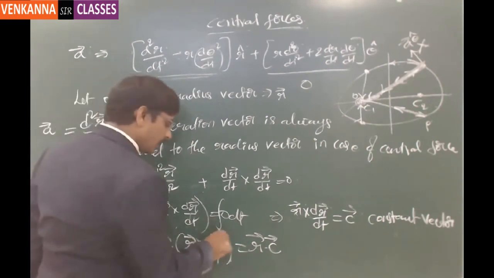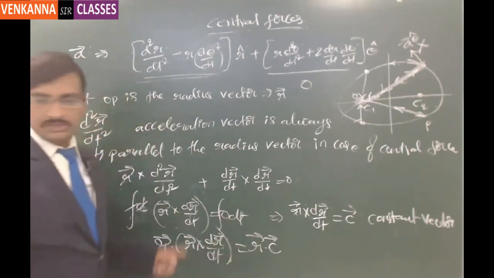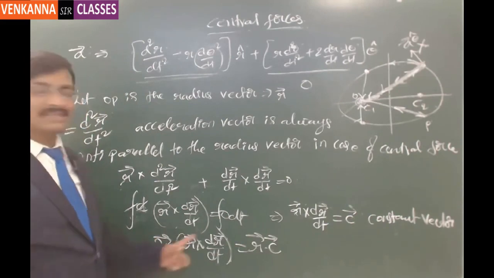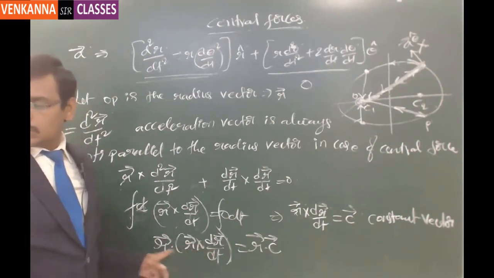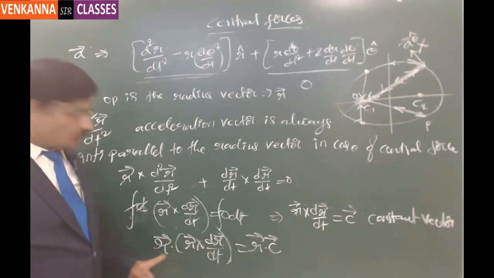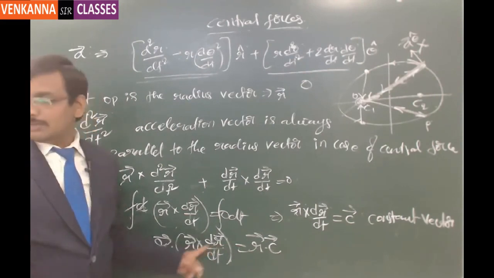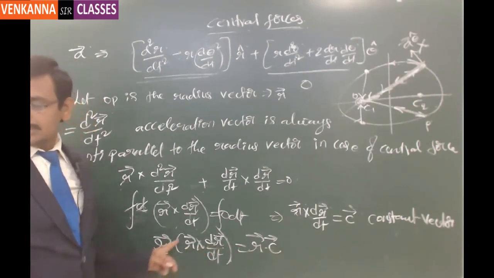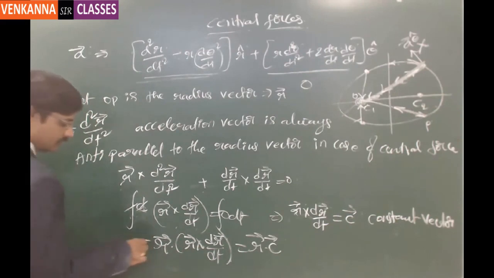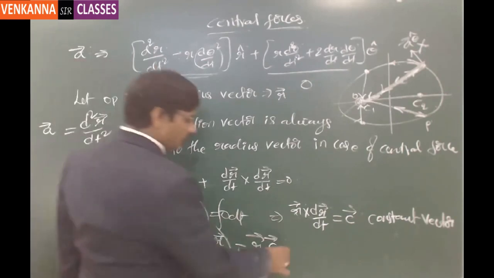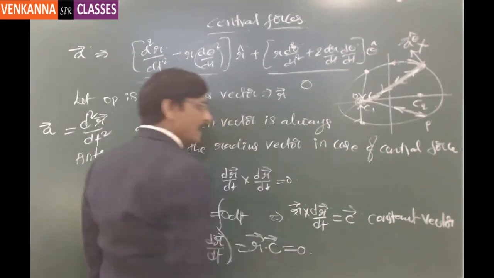So r dot r cross dr by dt is always 0. Why? Because this is a scalar triple product where there are two equal vectors, so it is always 0. So if this is 0, then r dot c has to be 0.